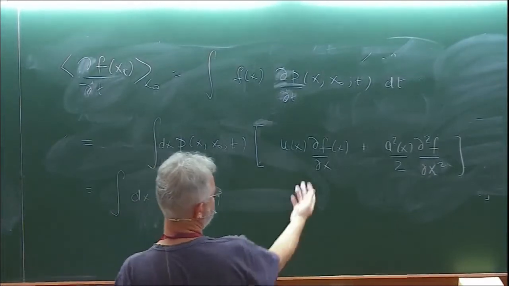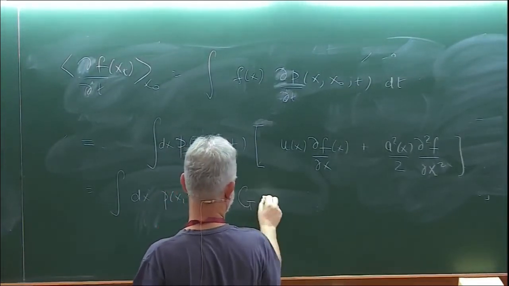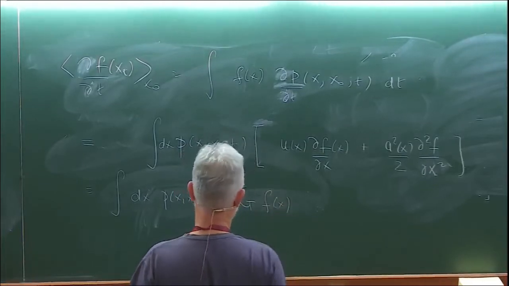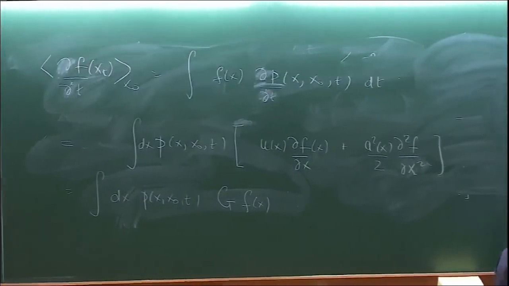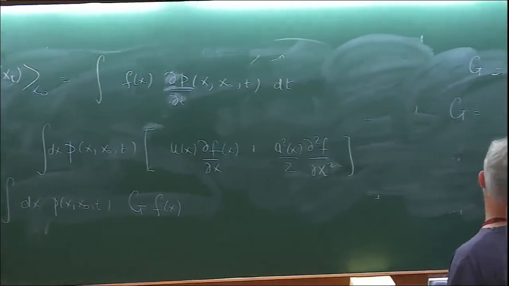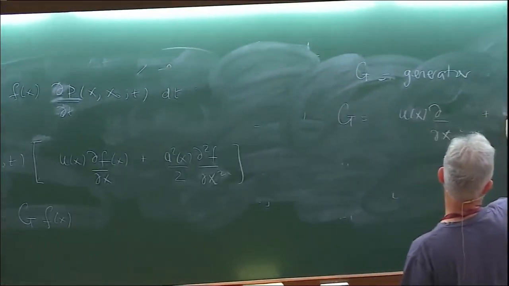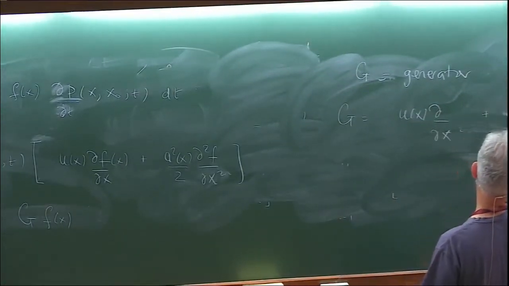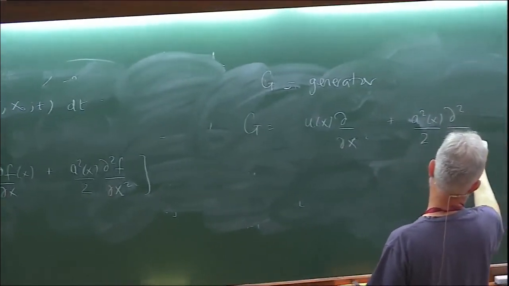And I can actually say, well, this is a differential operator acting on f, right? So I can say this is equal to some operator g acting on f of x. So g is called the generator. And in this case here, g is equal to what? G is just taking u of x, taking the partial derivative with respect to x, and it's also taking this a squared x over 2 times d2 by dx squared, okay?